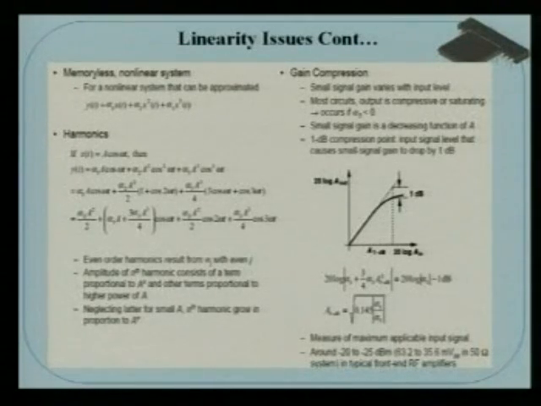Why? Because after that, you cannot neglect those terms. When a is very, very small, then you can neglect those a square and a cube terms. But when you cannot neglect those terms, what will happen? This will create omega t, 2 omega t, 3 omega t, 4 omega t, 5 omega t, those terms will come. But your power is constant, then what will happen?